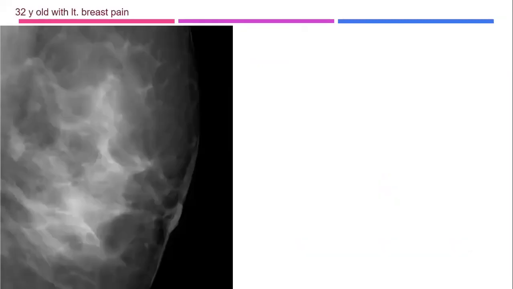This is a 32-year-old lady with left breast pain. There is a mass with spiculation at the posterior part of the breast with subtle invasion into the adjacent pectoralis muscle.